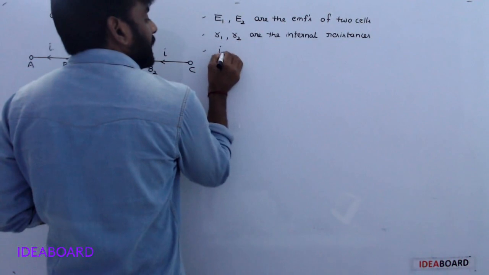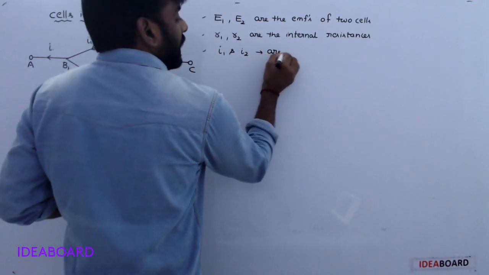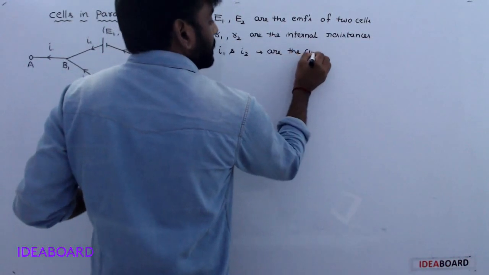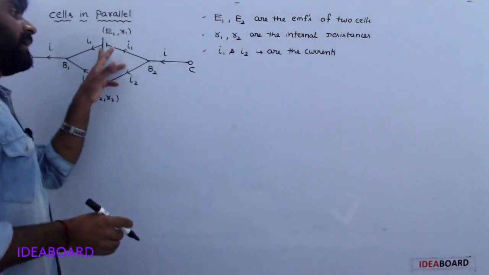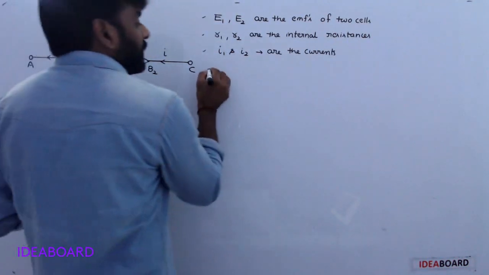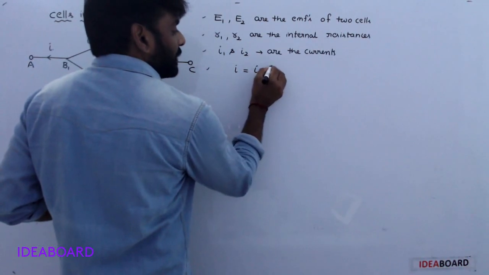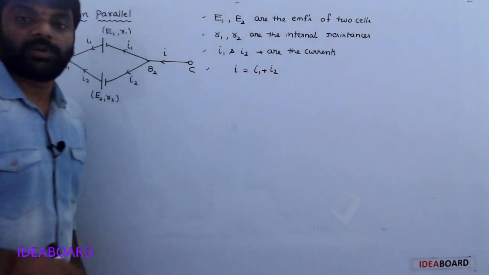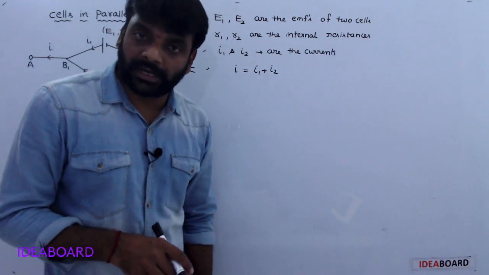Now the currents I1 and I2 are the currents passing through the first battery and the second battery. Here the total current I is equal to I1 plus I2. Understood?